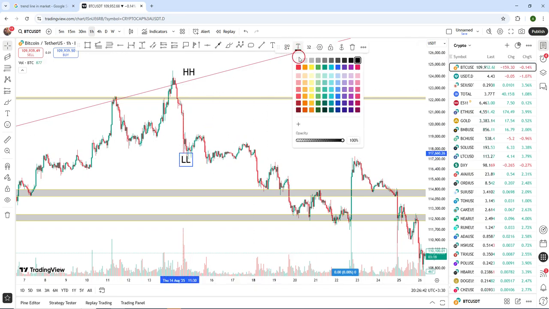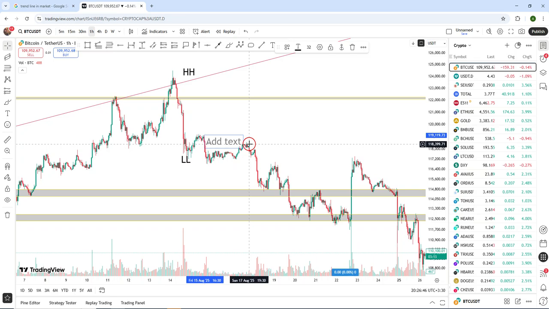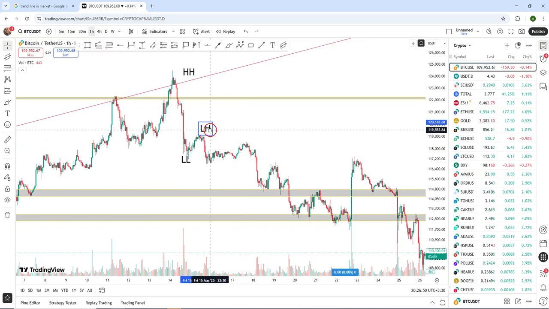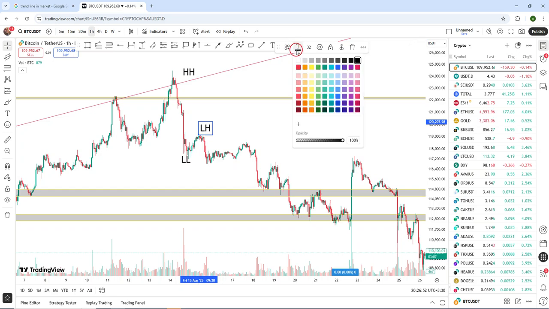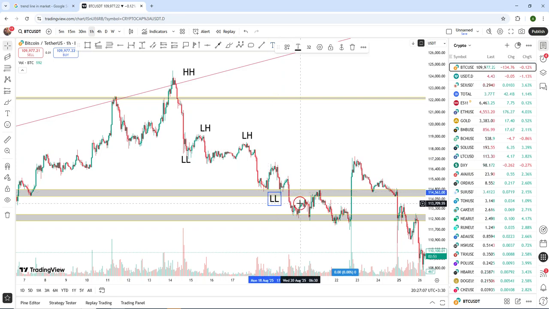Okay, and again here we have something like lower high, and this part again lower high, and this part again lower low.